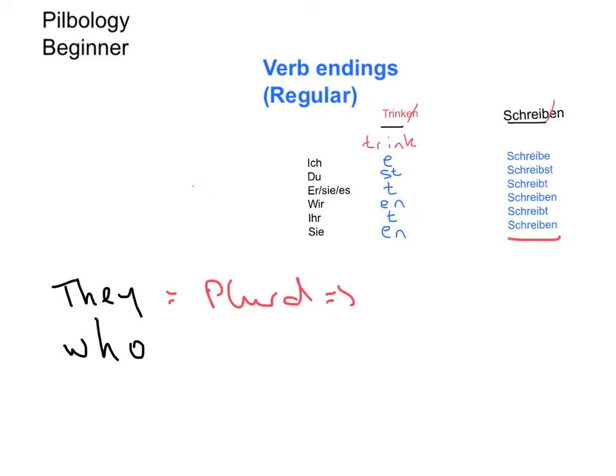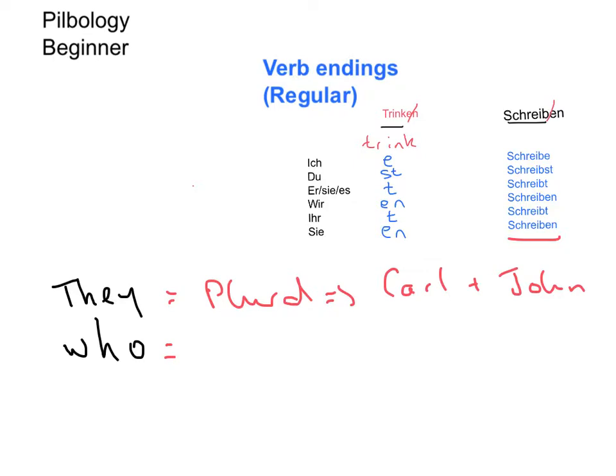So let's take Carl and John. Okay? Carl and John write. Carl und John schreiben. The second one is the word who. Well, who writes letters?